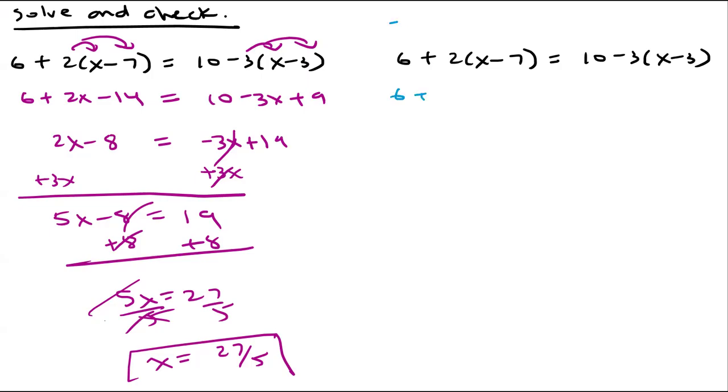So we have 6, again, we're checking. We got 6 plus 2 times 27 over 5 minus 7 equals 10 minus 3 times 27 over 5 minus 3.